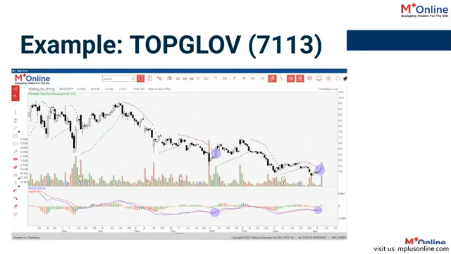The momentum is not there. We see this one, it rebounds, the cross is not there. The momentum is not there. This one, the price is above the Parabolic SAR dots, SAR turns, we see the cross.